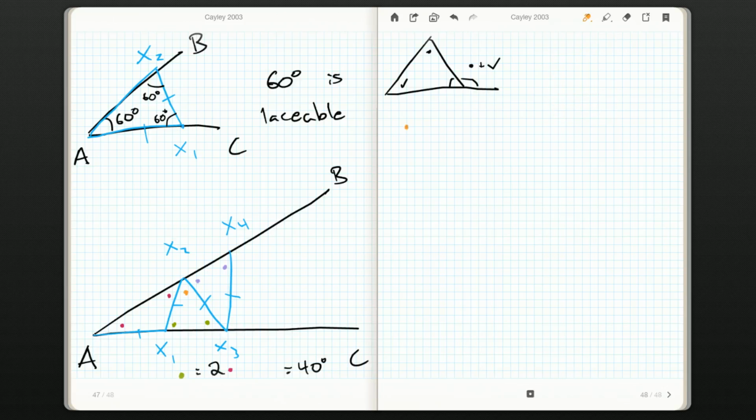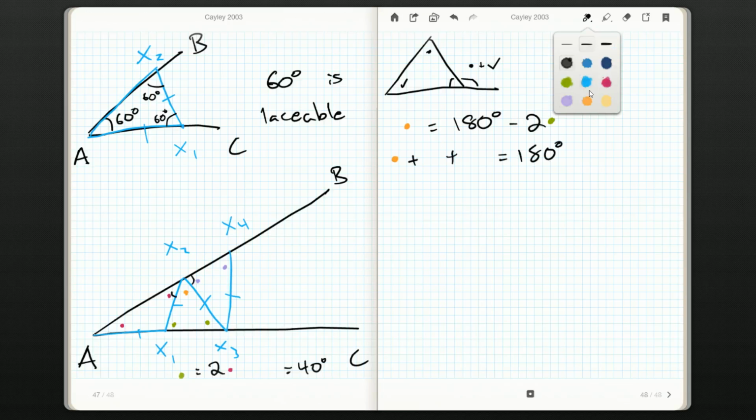So orange dot is 180 degrees minus the other 2 remaining green dots. Okay? But orange dot plus red dot, there's this red dot right here. So plus red dot plus lavender dot is 180 degrees.